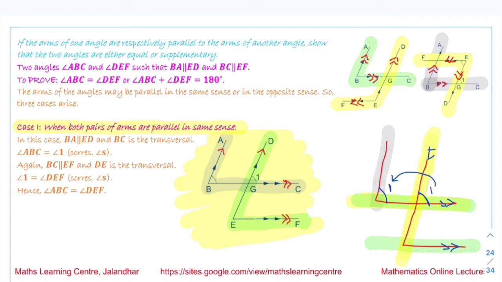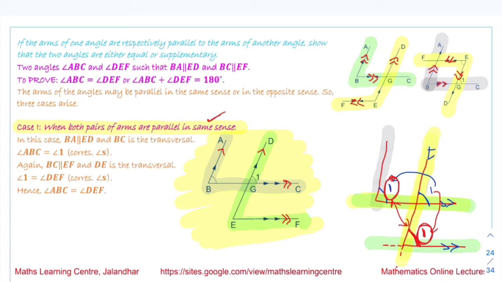So the angle over here is also equal to angle 1, because these two angles are equal. So in this particular case, when the arms are parallel, both these angles are equal.